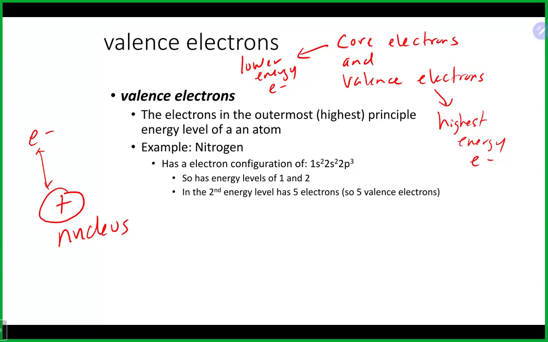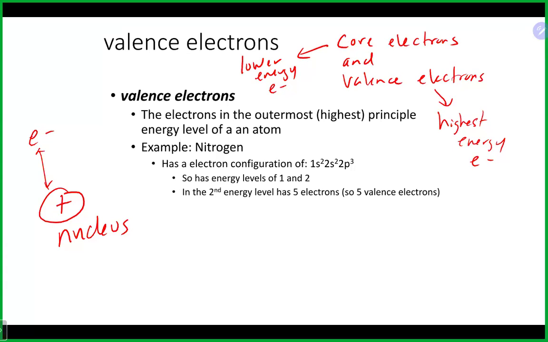One that is closer to that positive charge is going to be held tighter than one that's further away. You can think of it like a magnet, right? If you put something really close to a magnet, it is going to be attracted to it. But if you put something a little further away, it is not going to be dragged in tightly, unless you move the magnet closer, and that's going to cause that attraction to occur.